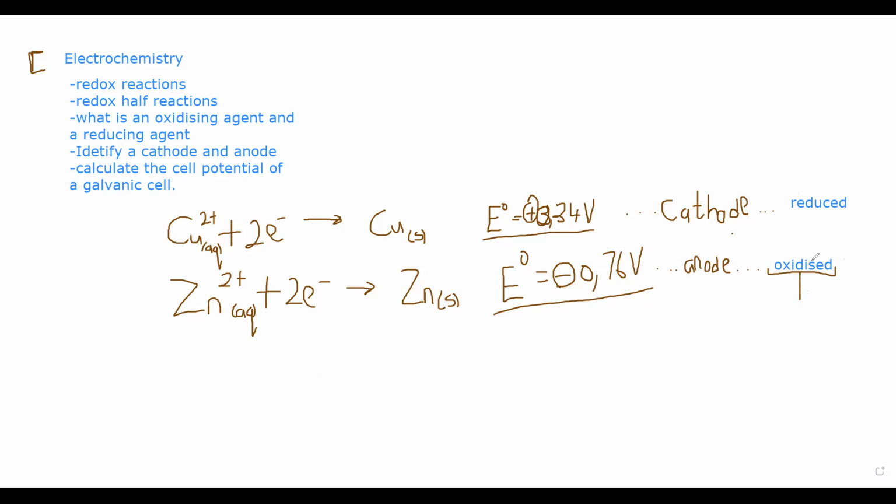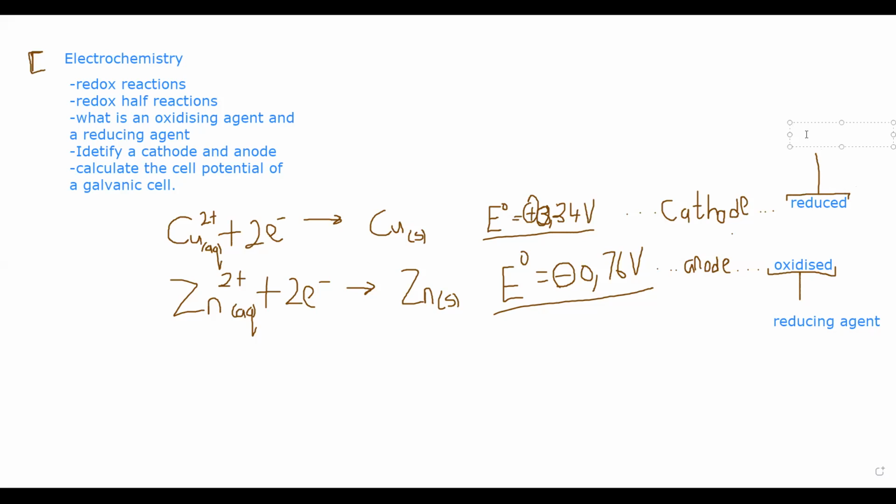So since zinc causes copper to be reduced, it's gonna be our reducing agent. And from that, we also know that copper is reduced because zinc is oxidized, meaning copper causes zinc to be oxidized.